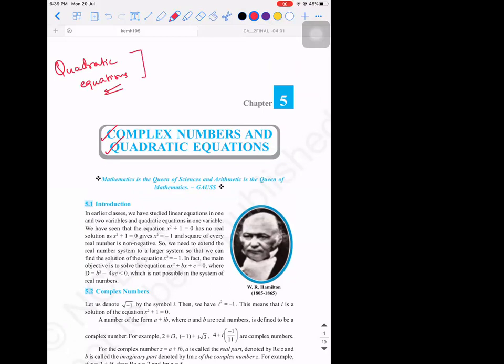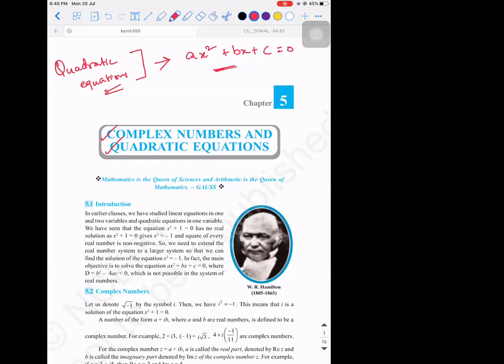In the concept of quadratic equations, to solve a quadratic equation, what are all the different methods we follow? If I give you a quadratic equation, ax square plus bx plus c is equal to 0, what are all the different methods you will implement to get the solution, that is, to find the value of x?